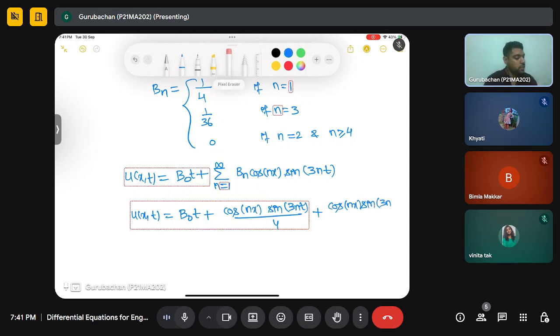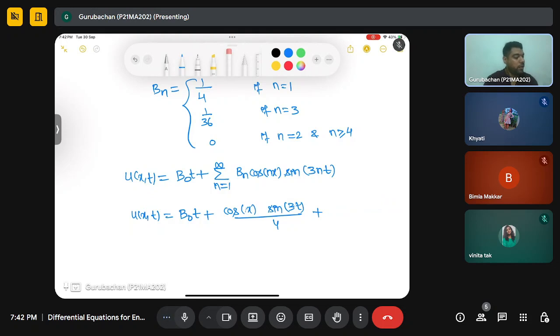So this is the case when n is equal to 1. This will be cos x and sin 3t. So we should keep in mind that we have substituted the value of n here in this particular case. In the same way, when we substitute the value of n as 3, then it is like the following: cos 3x sin 9t divided by 36.